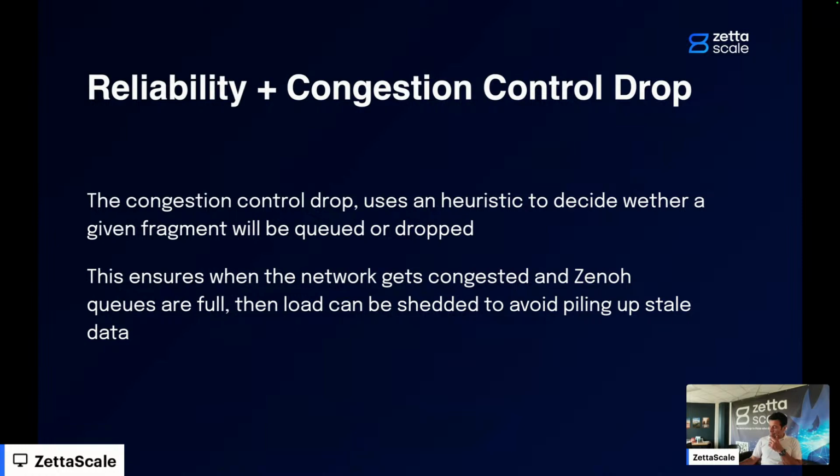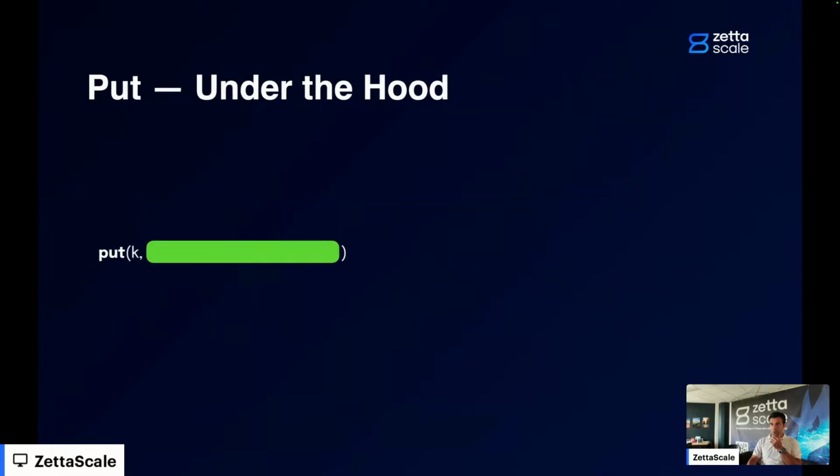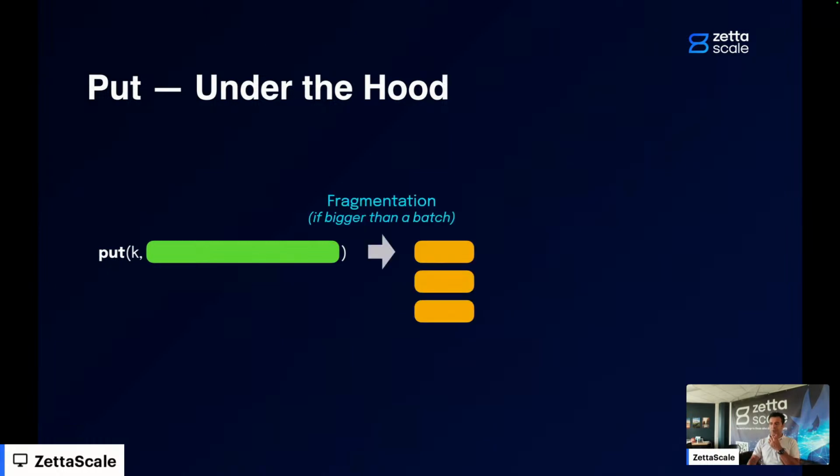Okay, so going next to give you the intuition, let's assume that we do a put operation. By default, this will be reliable with congestion control drop. And this is the case we are investigating. Let's assume that this is some fairly sizable chunk of data that results in 3 fragments.